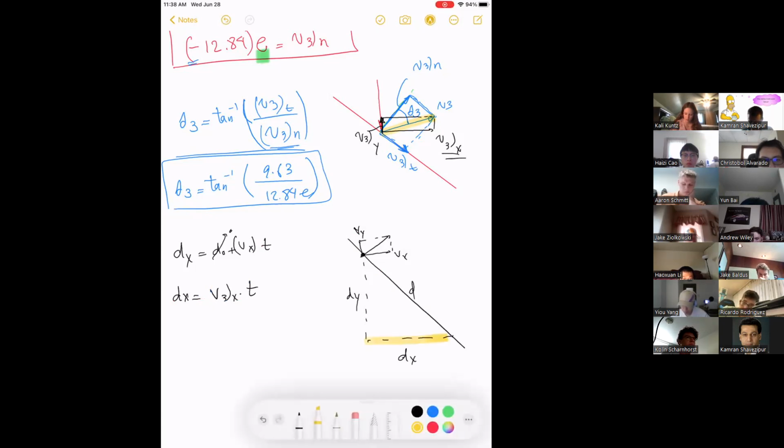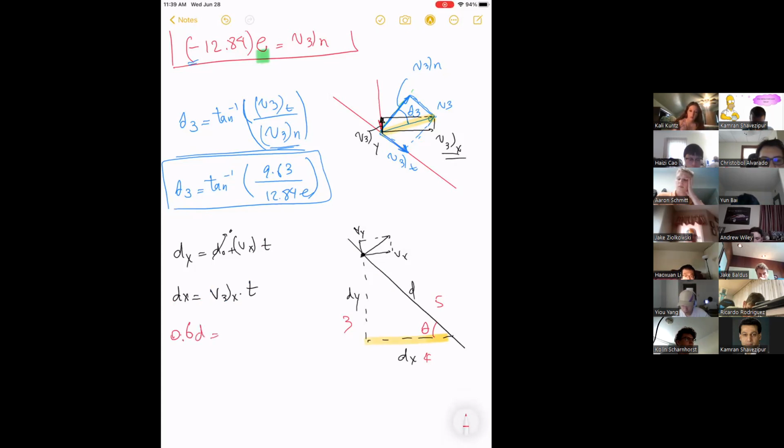If this angle is again theta, 3, 4, 5, and let me see if I pick the right d. Okay. So you're going to get dx is going to be 0.6 d is equal to v3x times t.